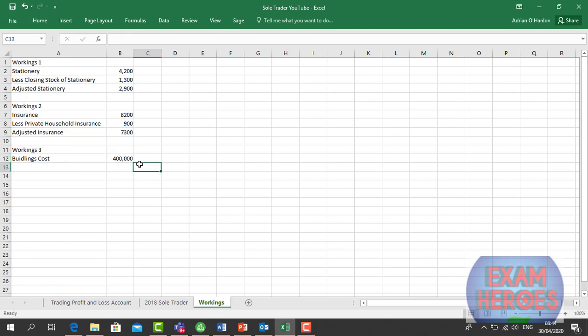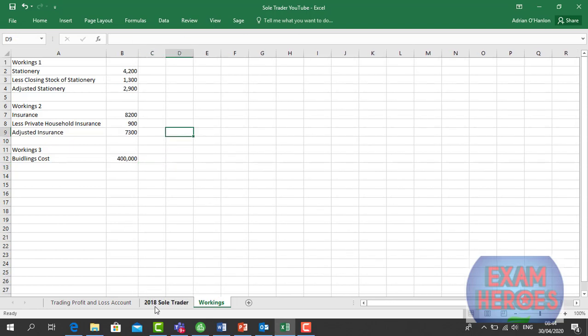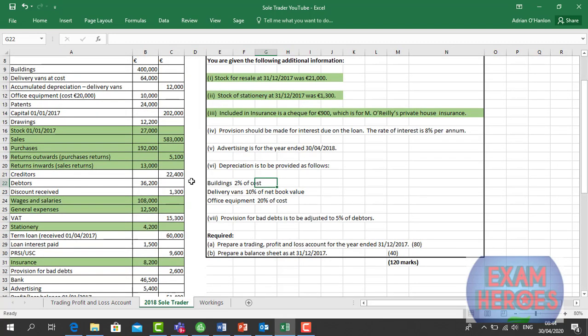Remember, depreciation is the reduction in value of an asset. Just like if you buy a car, for example. If you bought it for 10,000 euros, the following year it will reduce in value due to wear and tear, amongst other things. But generally, assets like that depreciate.